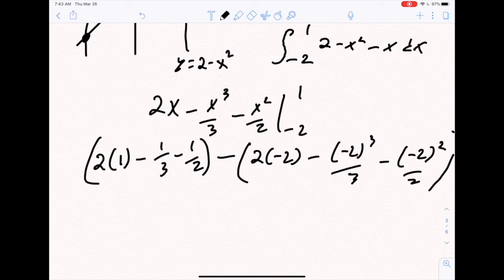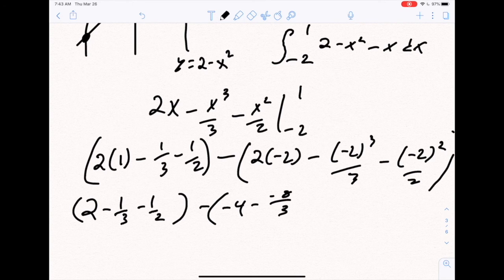Let's simplify this a bit. So we get 2 minus 1/3 minus 1/2 minus -4 minus -8 over 3 minus 4 over 2.